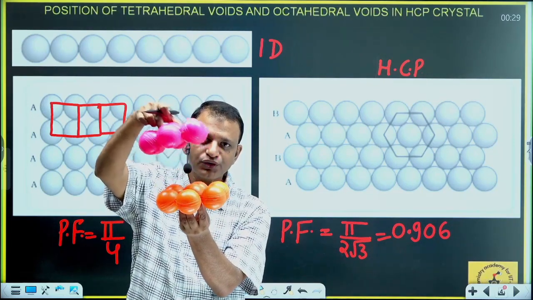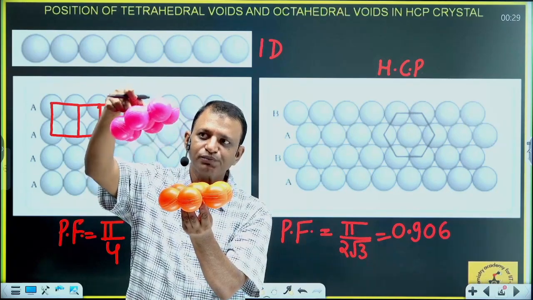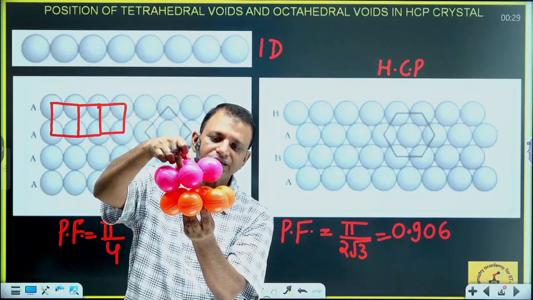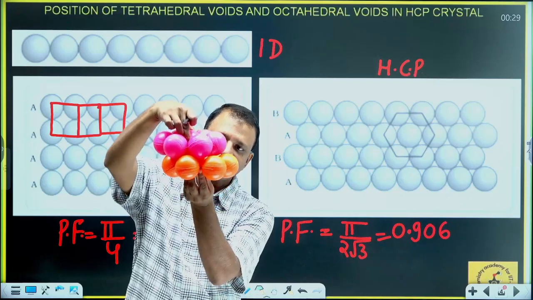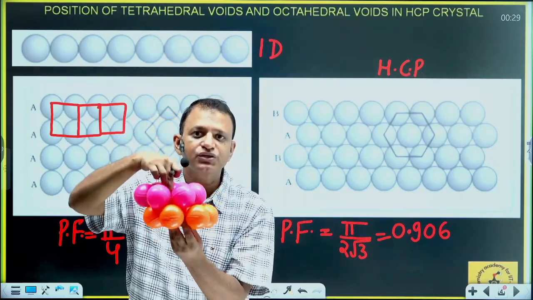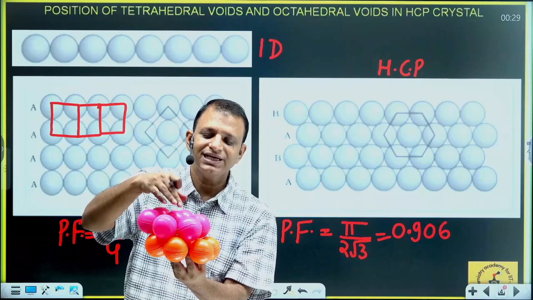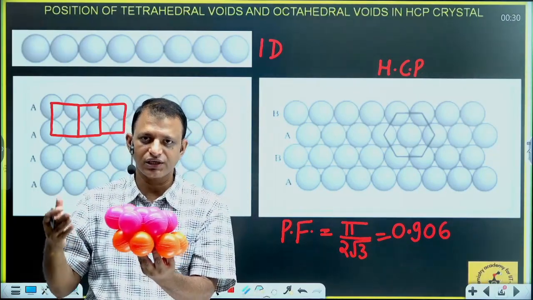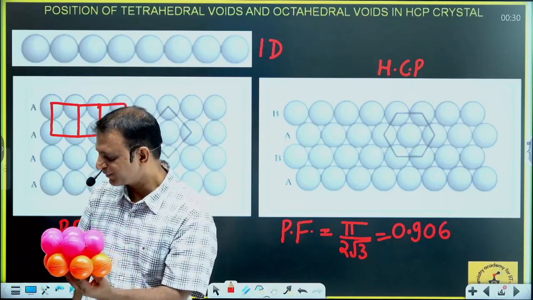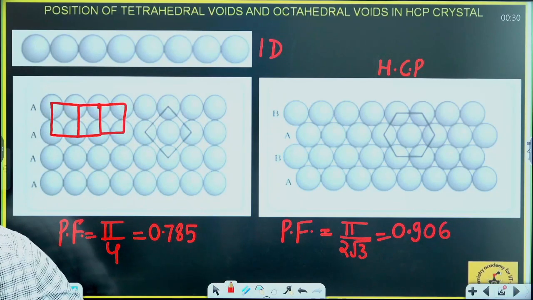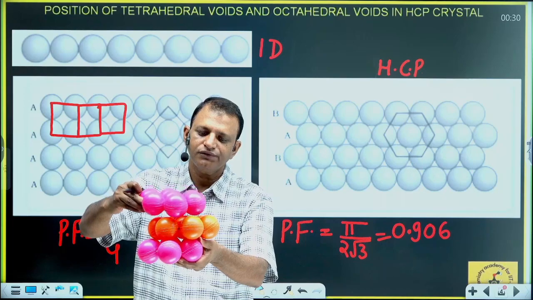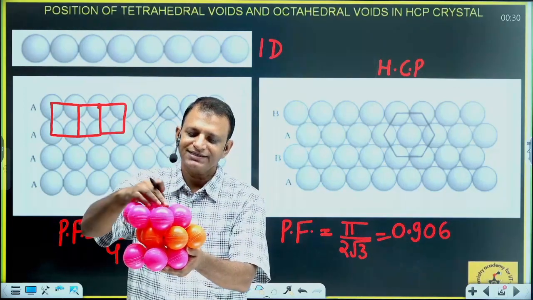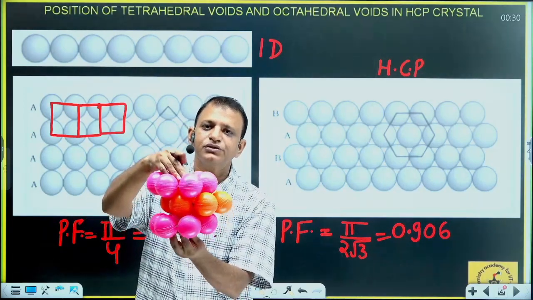If I want to improve the packing fraction, I should place the B layer in the depression of A layer. So here the gap is less and the packing fraction is more, right? So this is A layer and this is B layer. In order to make hexagonal close pack of 3D, I have to take another layer, and the position of this third layer is exactly the same as the position of the first layer.